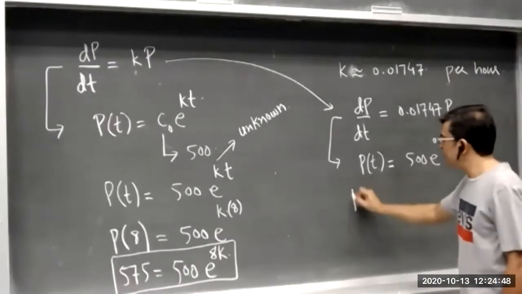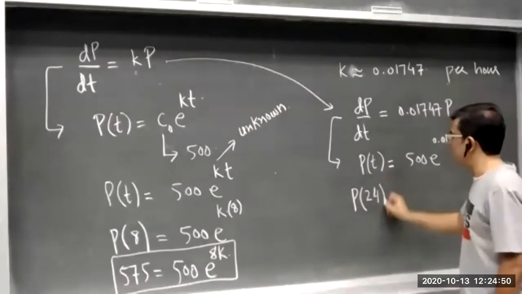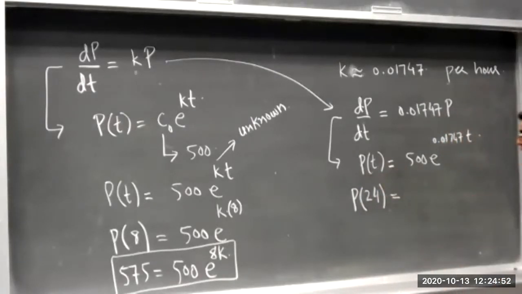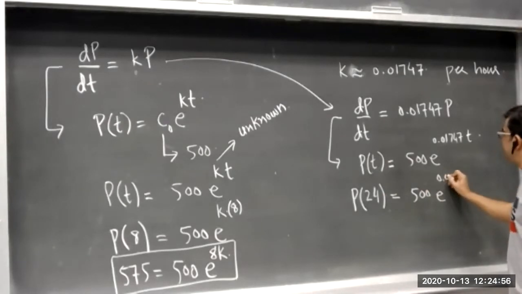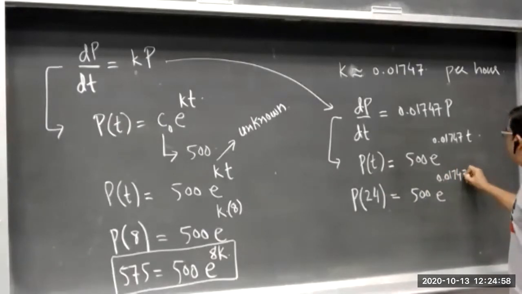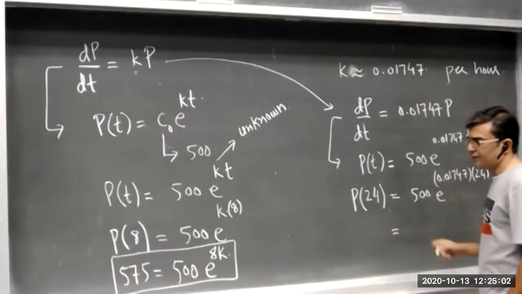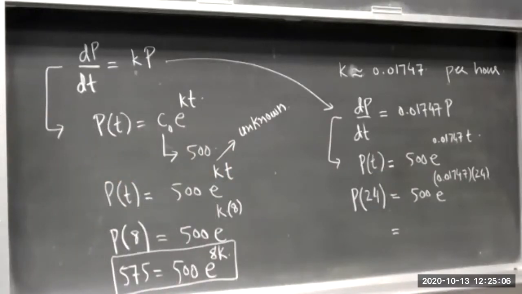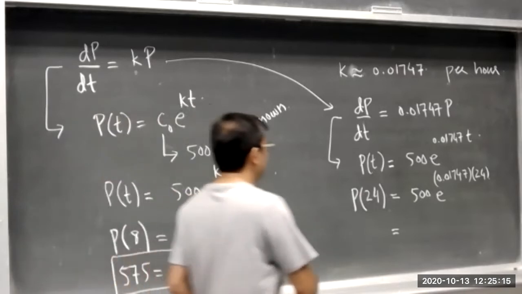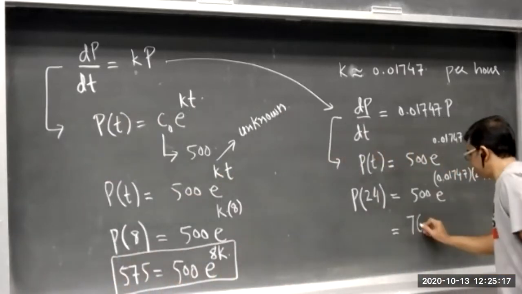Now you can compute the population after 24 hours by inserting t equals 24, and we have 500 times e raised to 0.01747 times 24. After solving it, you should get the population after 24 hours, and it is approximately 760 bacteria.